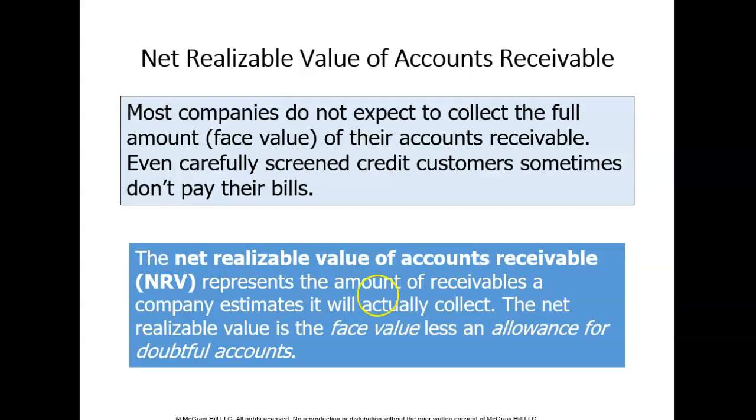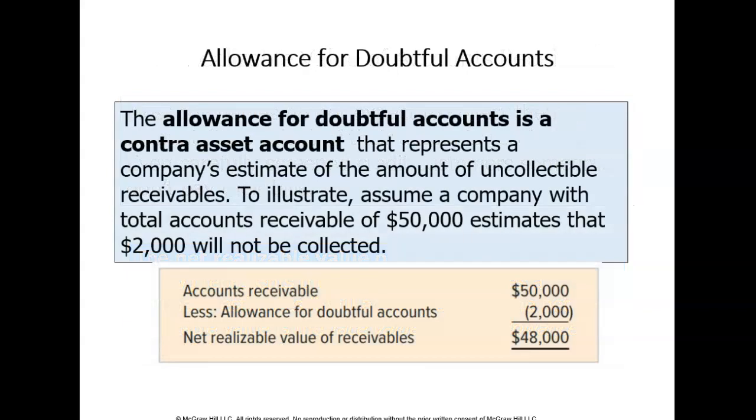We're going to talk about a new account called the allowance for doubtful accounts, which is a contra asset account. The word contra means opposite or against. It's subtracted from accounts receivable to determine what's called the net realizable value. And we'll go through examples of what this means and how to calculate this net realizable value.